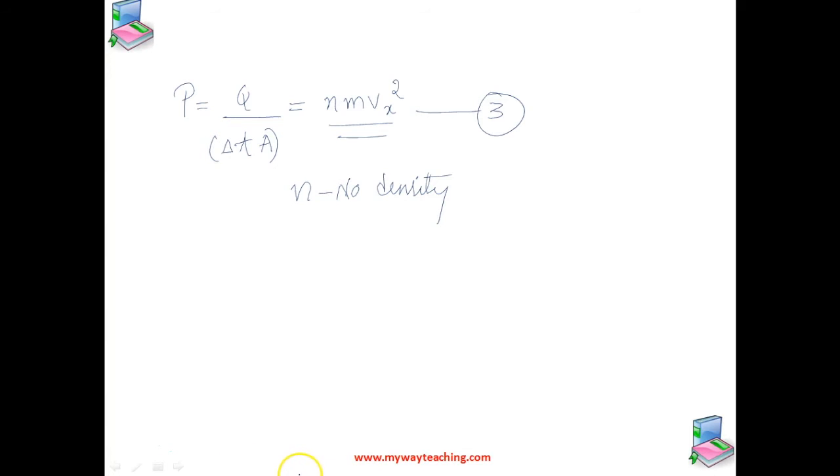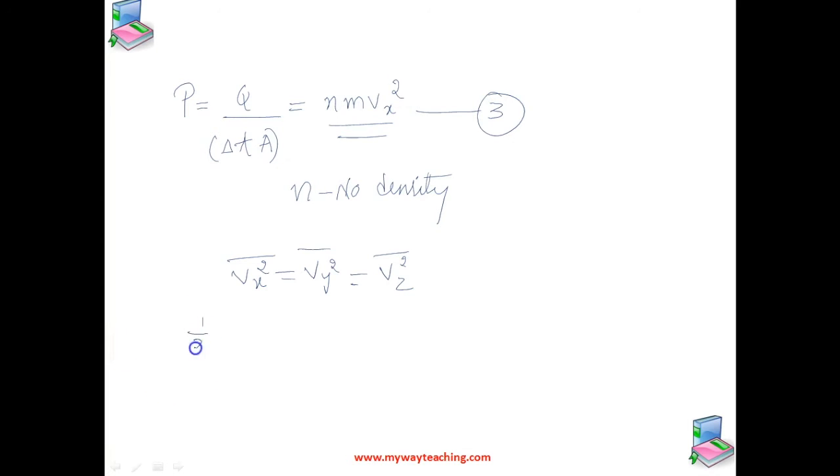And now the gas is isotropic, that is, there is no preferred direction of velocity of the molecules in the vessel. So by symmetry, we can write vx square equals vy square equals vz square, isn't it?